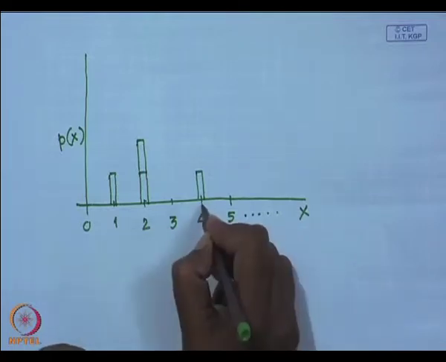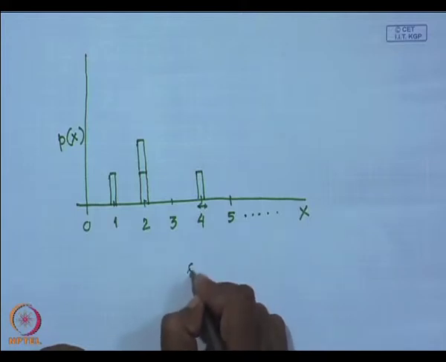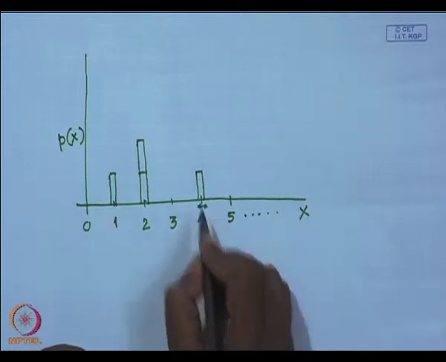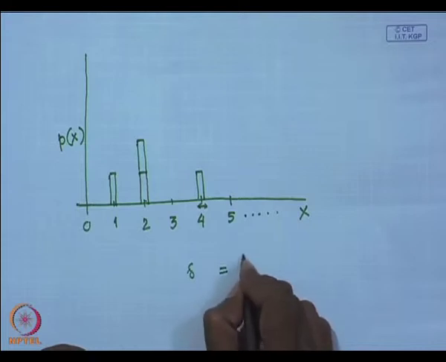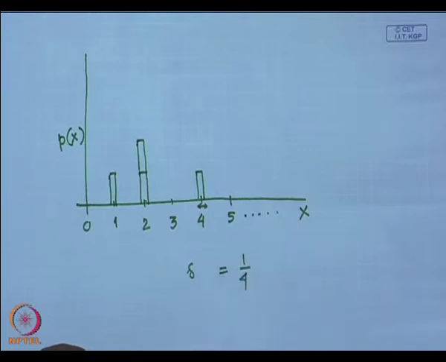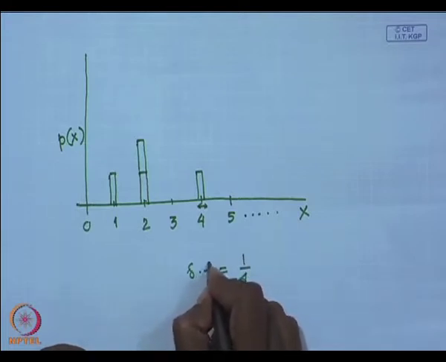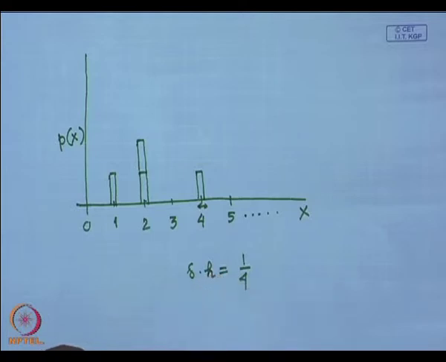And if the width of every delta function is delta and the area has to be 1/4, then the height of every delta function, if it is h, I have h is equal to 1/4 delta.